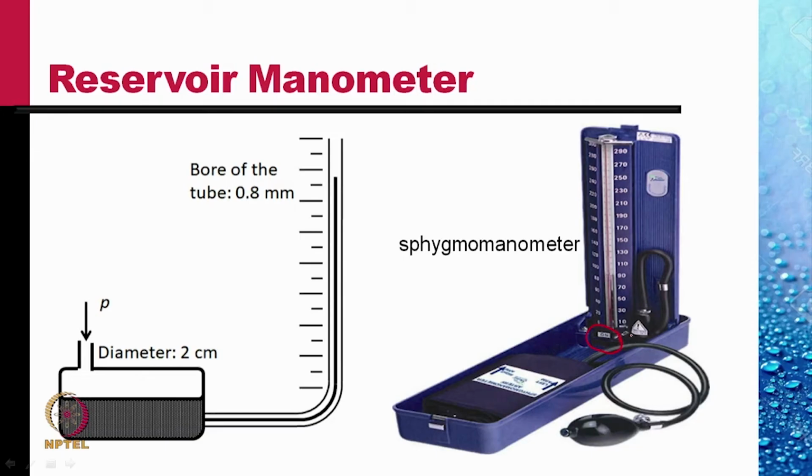It is kept vertical, and when the pressure is applied to the reservoir, mercury rises as a column within the capillary. And by reading the height of the mercury column on the fixed scale provided, we can calculate the pressure head.